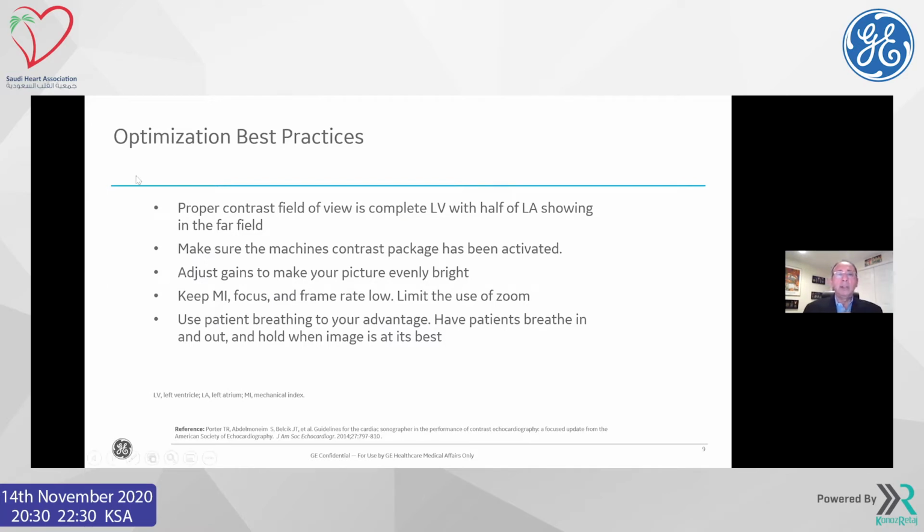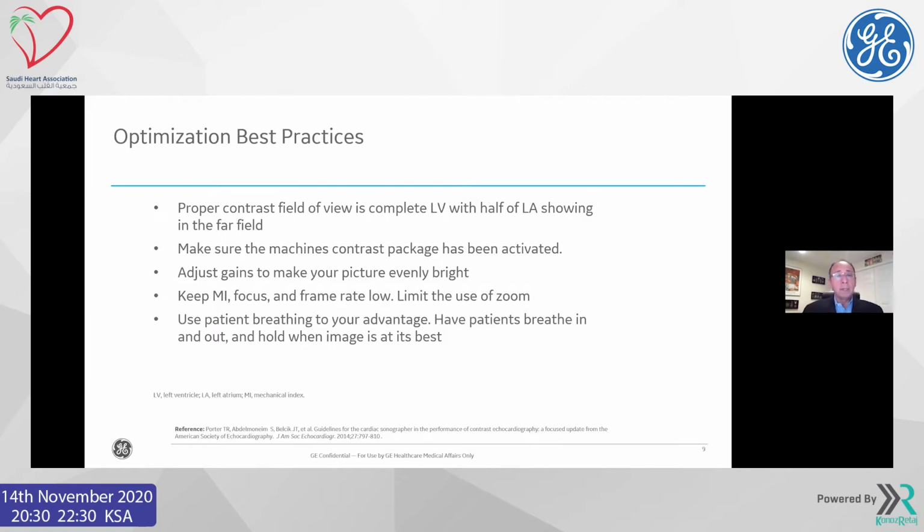So make sure that you've activated your contrast package on your systems. If you don't have a contrast package, and many of you may not, there are ways to optimize your system by lowering the energy. You would need some assistance in doing that from your application specialist in your area. Adjust the gains, as I indicated before, but adjust the gain, that would be your TGCs and your mechanical index.